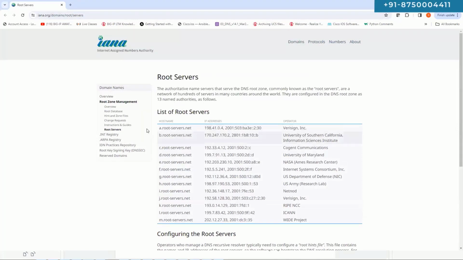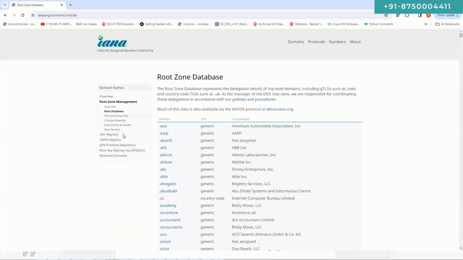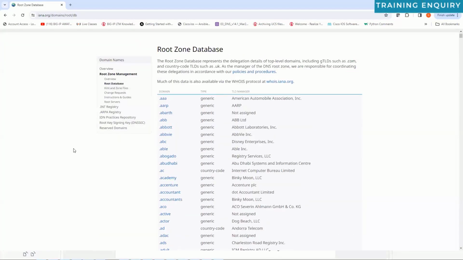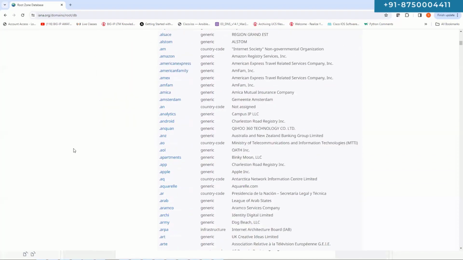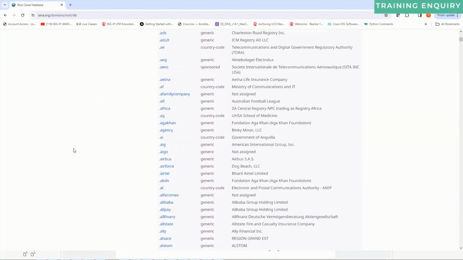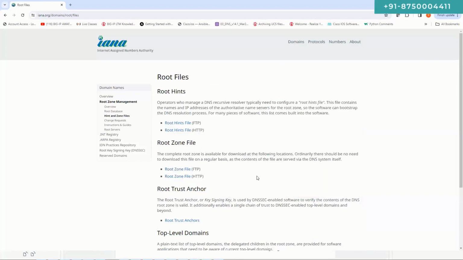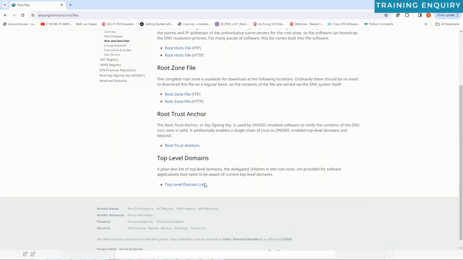This is the root server, which is fine. Root zone, forget about it. Yeah, this is the top level domain list.